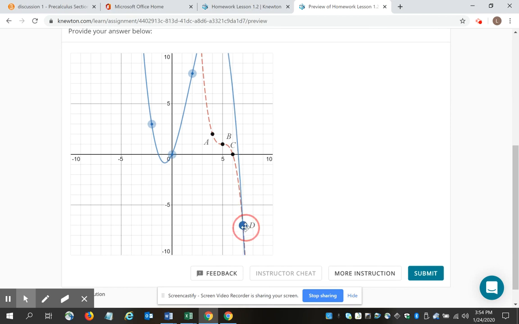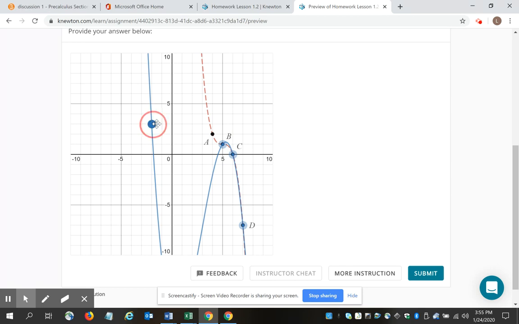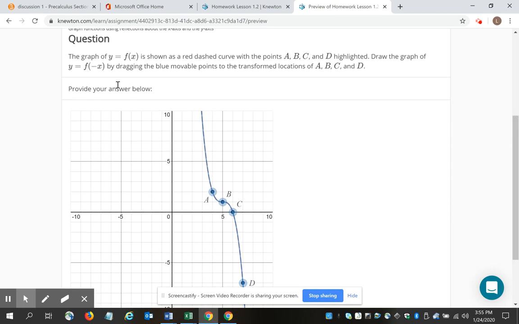Here's D, here's C, here's B, and here's A. Okay, so we got the blue one on top of the red one. And again, you've got the negative inside the parentheses with the x, so that tells me we're going to reflect on the y-axis.